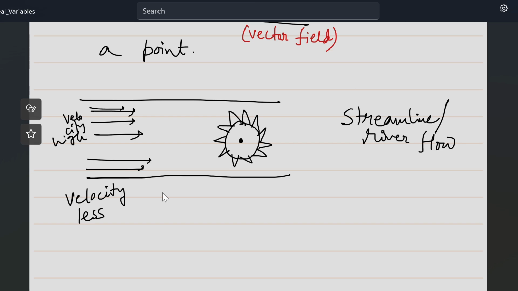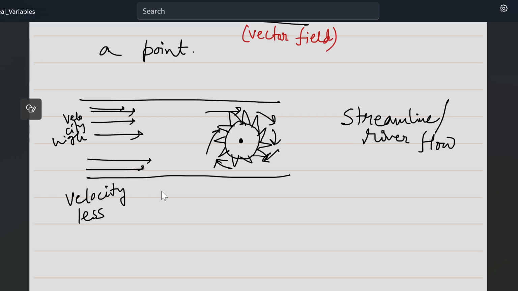If the velocity is higher towards the upper part, then it would move clockwise. Yes, so it will move in this direction, this direction, this direction. It will start moving like this.